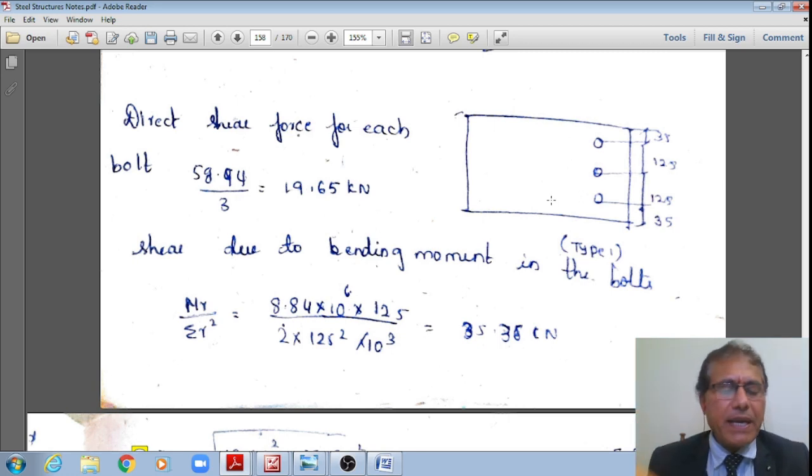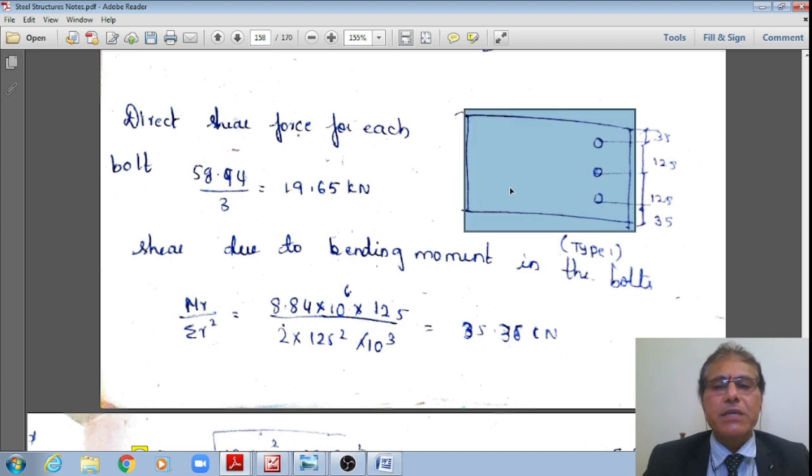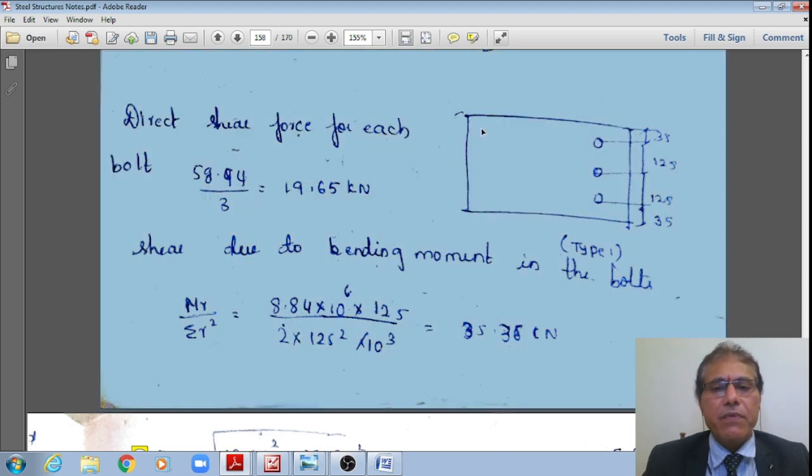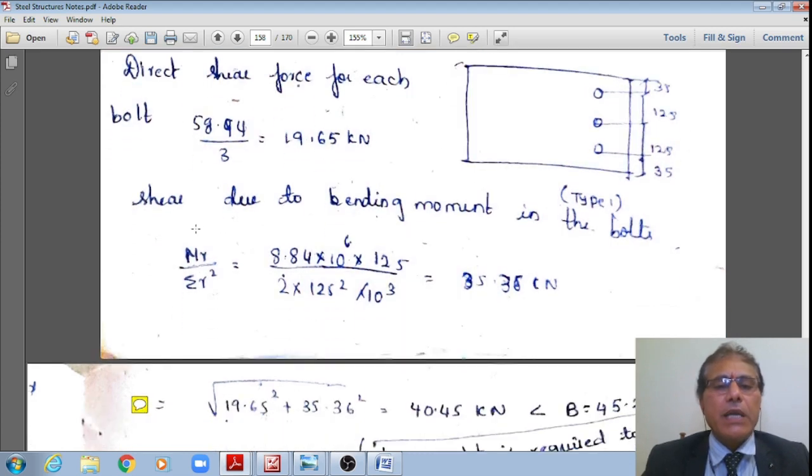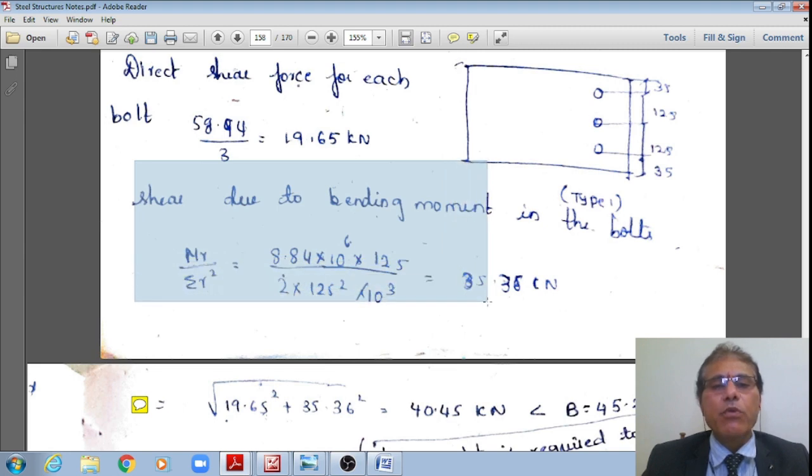Akin to the type 1 bracket connection we discussed in the previous class, students, please revisit what we mean by type 1 bracket connection and the designs there in detail. I'm just skipping it for want of time. There we have seen that these bolts are subjected to a shear due to bending moment, which is given by Mr divided by sigma r square.